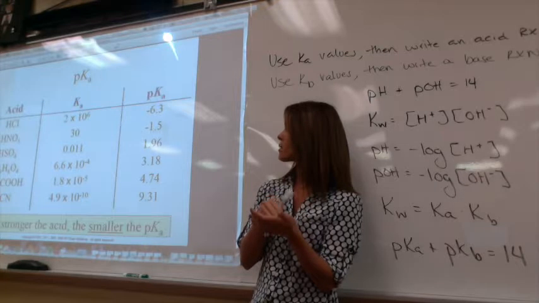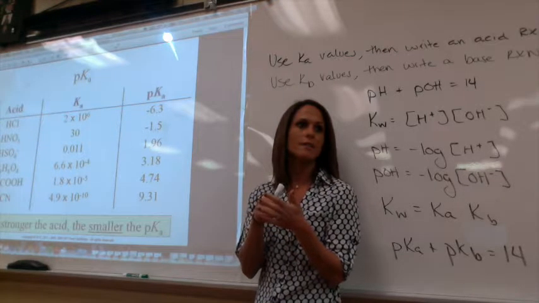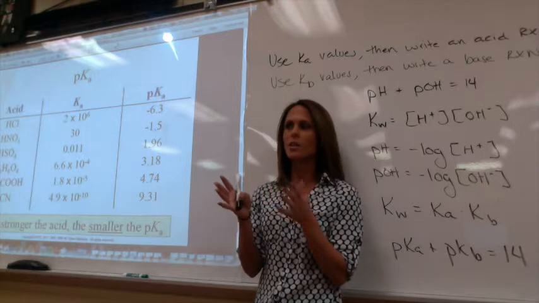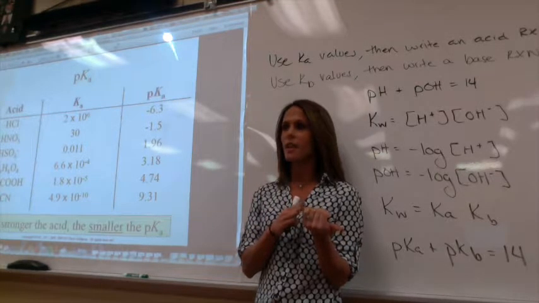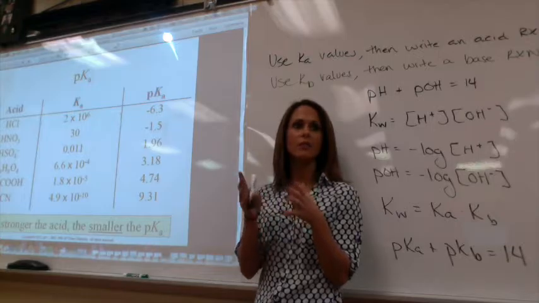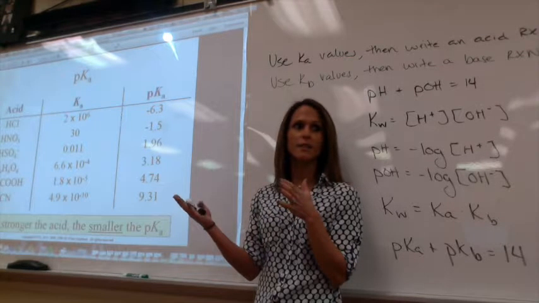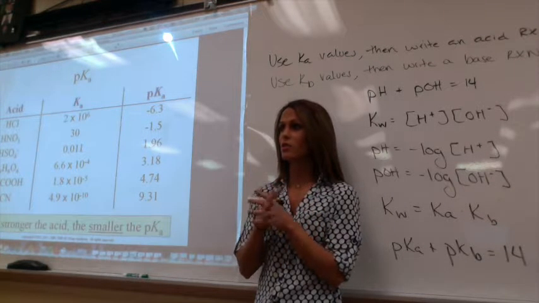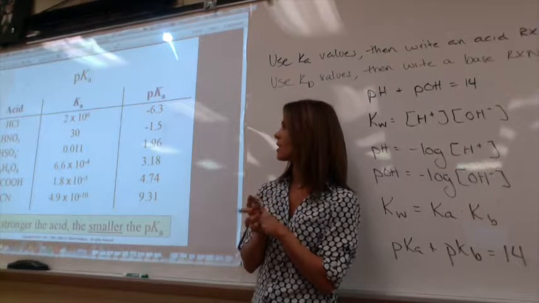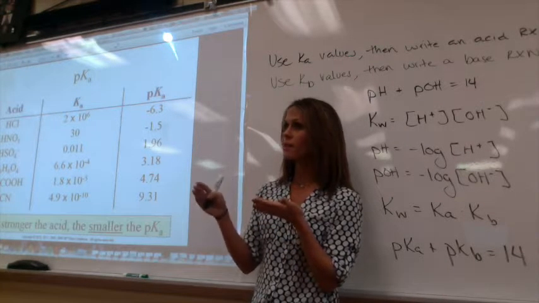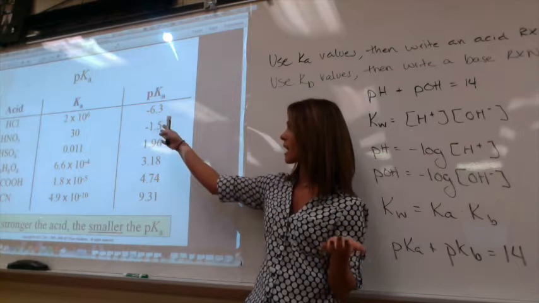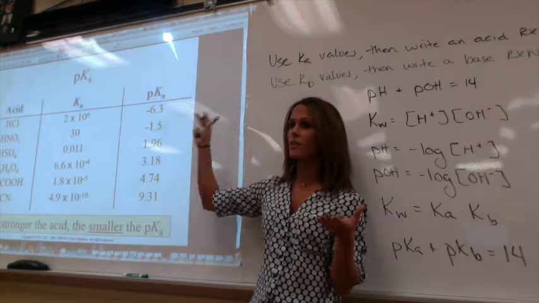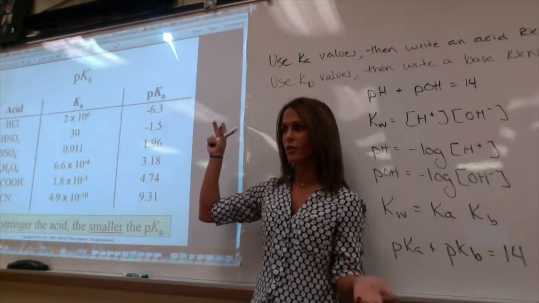So the smallest numbers are going to be your strongest acids. Think of it the same way with pH. The pH scale makes a lot of sense, right? You know really low numbers are very acidic. For something to be very acidic, it has to have a lot of H plus in it, and that would be a very strong acid. If you're taking the negative log of H plus, a lot of H plus would give you a very low pH. If you take a Ka and you take the negative log, a very big Ka will have a very low pKa.